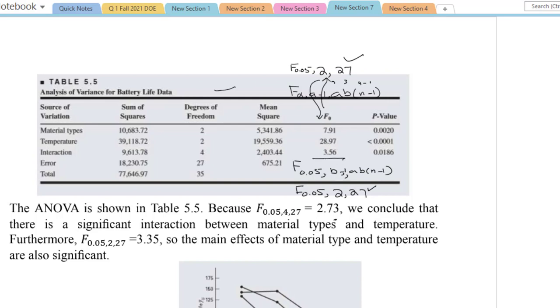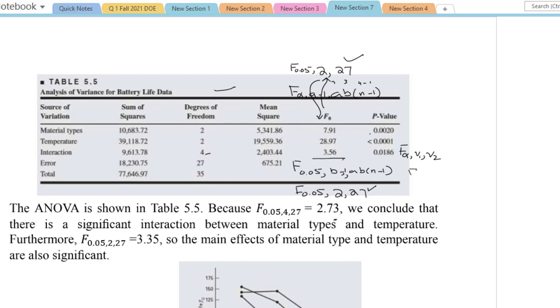As in the interaction term we have 4 degrees of freedom in the numerator, the generic formula I'm going to write for you, and you can use this formula in any case. The generic formula is F of alpha comma v1 comma v2, where v1 is the degrees of freedom for the numerator and v2 is the degrees of freedom for the denominator.